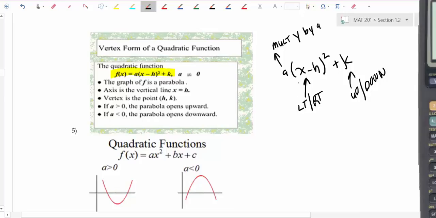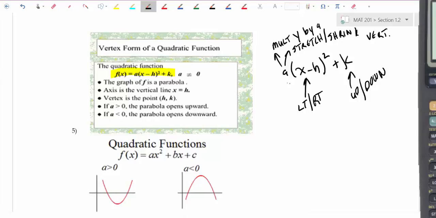So this thing right here is either going to stretch or it's going to shrink vertically. Okay, so anytime that you have a number directly inside of any function, that's what happens. In trigonometry, what did we call that number that stretched the sine and cosine wave? Amplitude, right, that's what an amplitude is. Okay, it's a vertical stretch shrink factor.